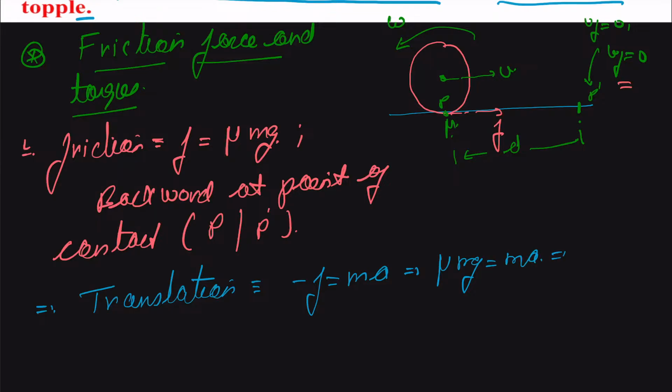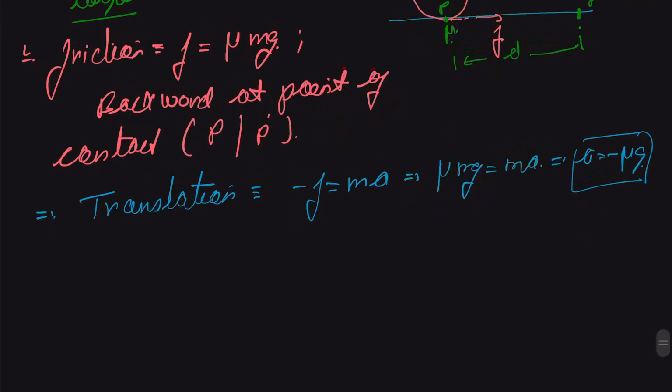So from here, a is equal to minus mu g. The negative sign tells us that it is a constant deceleration.